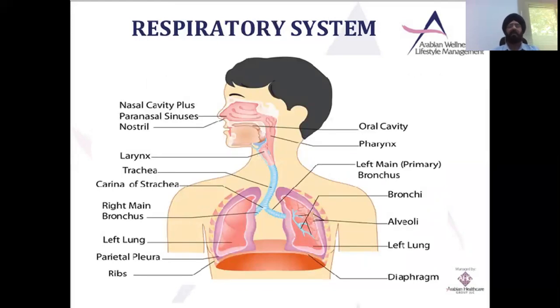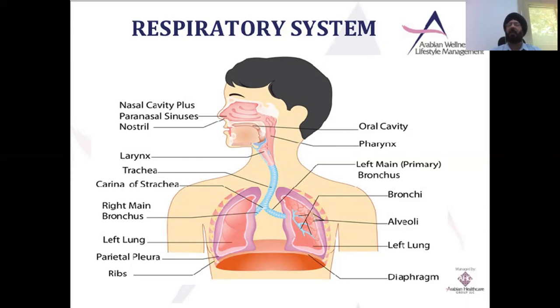Then comes the respiratory system, the breathing system. The respiratory system is a complex structure comprising airway tubes, air sacs, and capillary blood supplies.